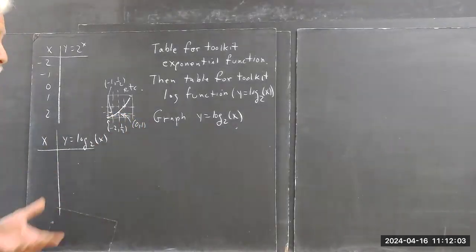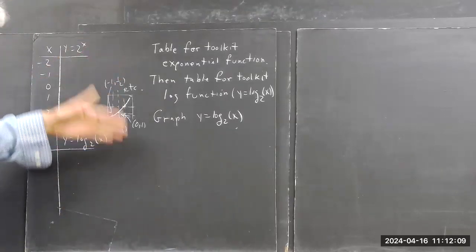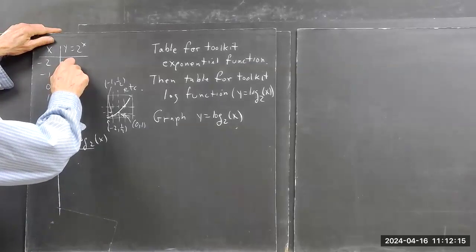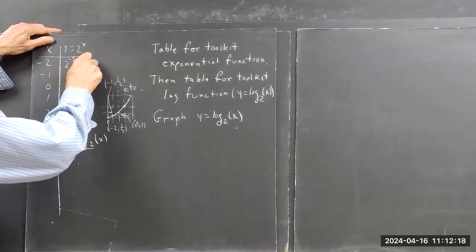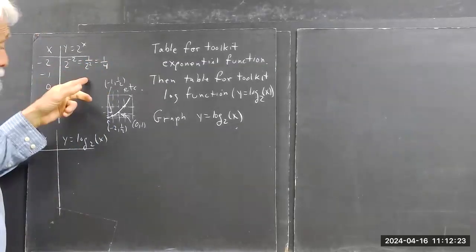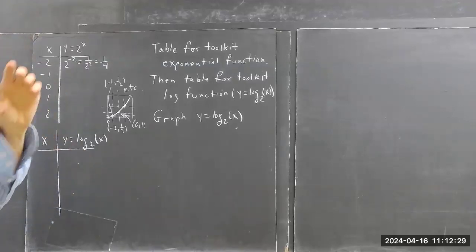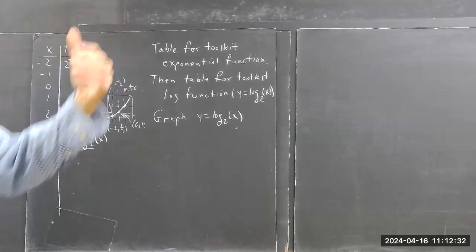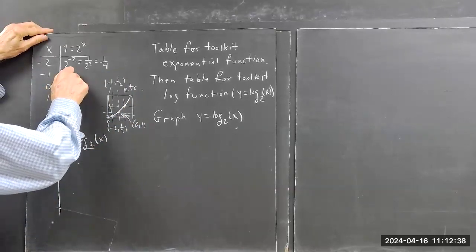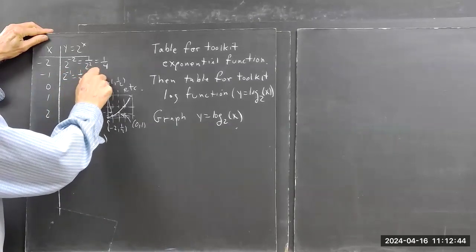Okay. Now there are rules of algebra, and they have to agree with what happens over here. The rules of algebra tell us that 2 to the -2 is 1/2 squared, which is 1/4. A negative exponent means one over that number to the positive exponent. So 2 to the -1 is 1/2 to the 1, which is 1/2.